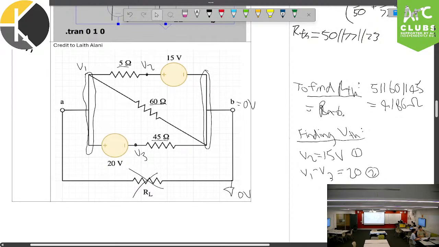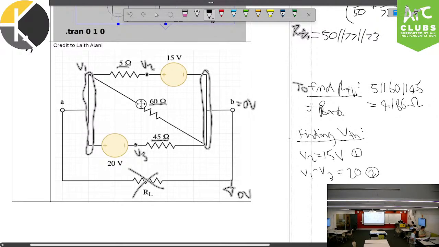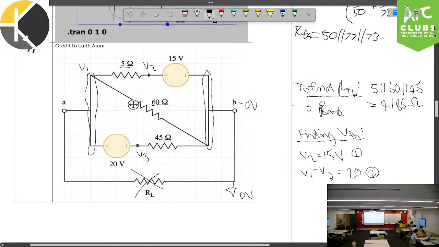What we can do is apply KCL at node V1. If we label our currents like this, it's a bit arbitrary, but it will help with the calculation. So these are our currents.